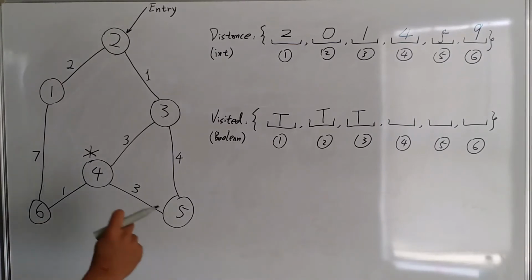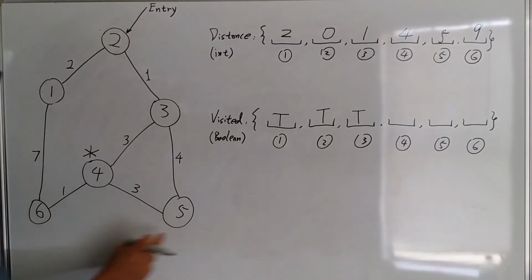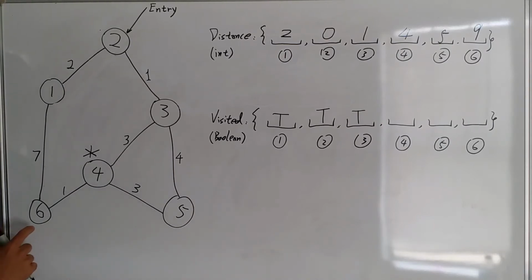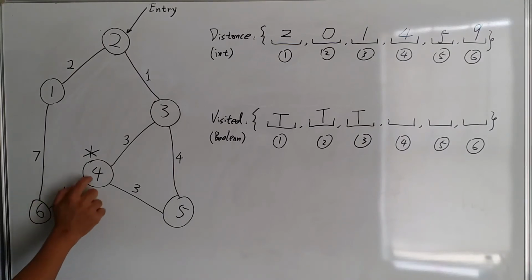Okay, so we already checked 5, we're going to check 6. After 5, we're going to check node 6. So what's the distance at 6 at this moment? Firstly, we find out the distance between 4 and 6, which is 1, right? And then we have to add 1 to the distance at this point.